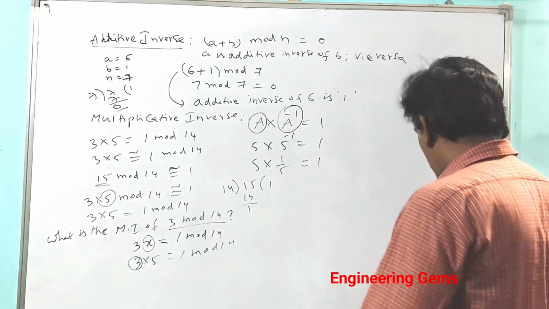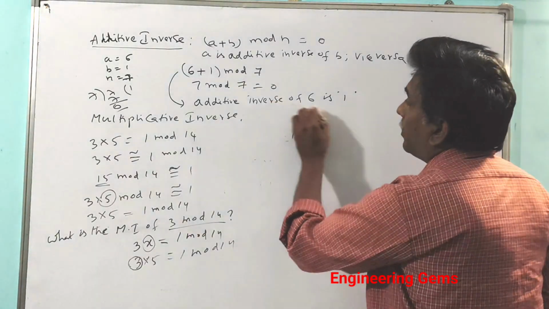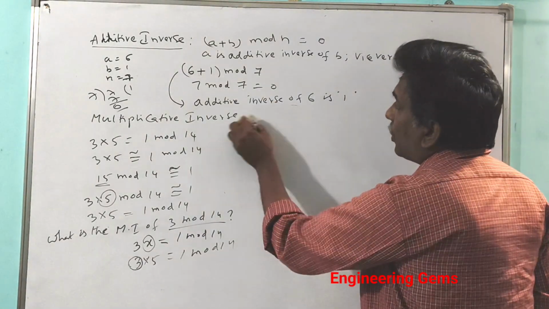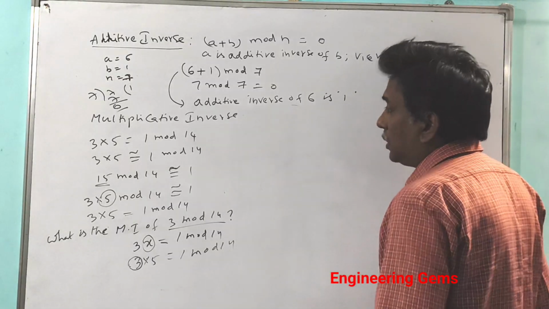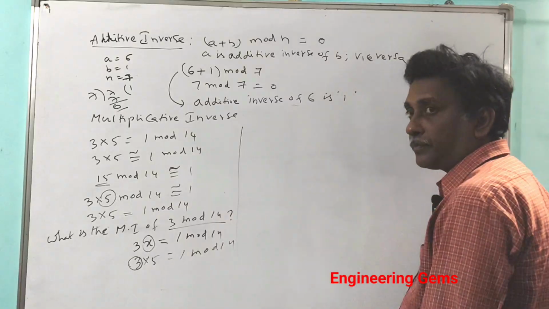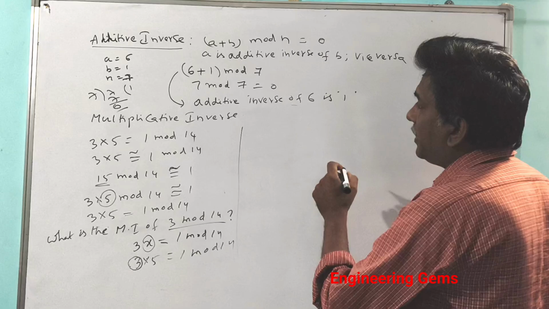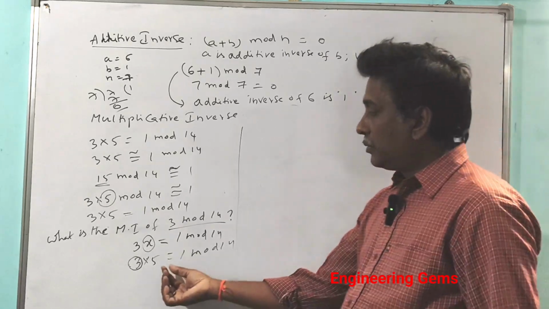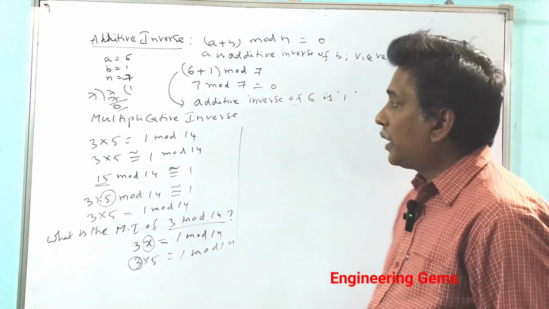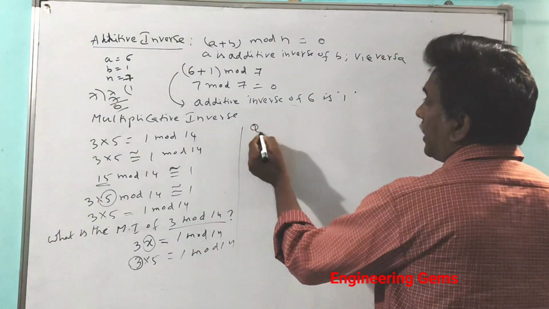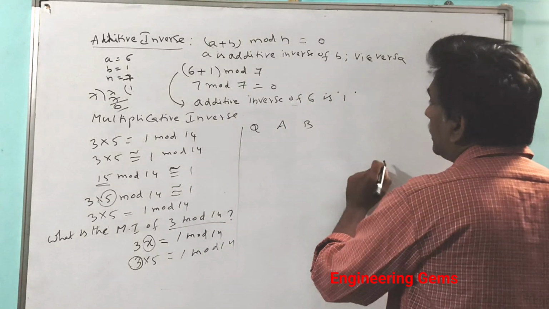Similarly, we have another way to find the multiplicative inverse, that is the extended Euclidean algorithm. With the extended Euclidean algorithm also, we can find the multiplicative inverse of 3 mod 14. Let's try here. First write the q coefficient, big number a, small number b.